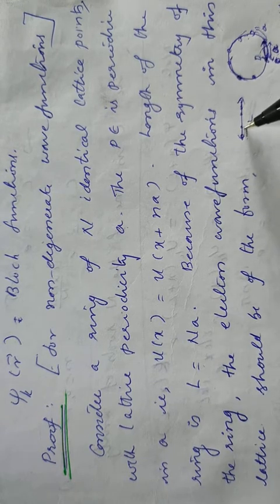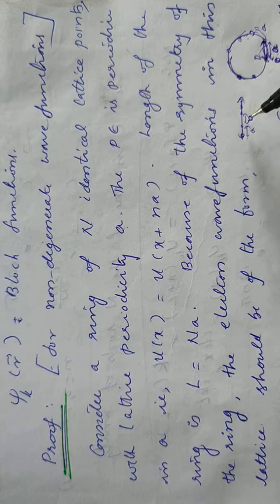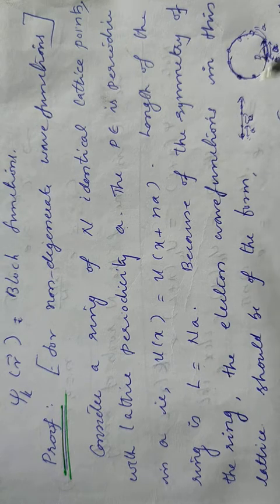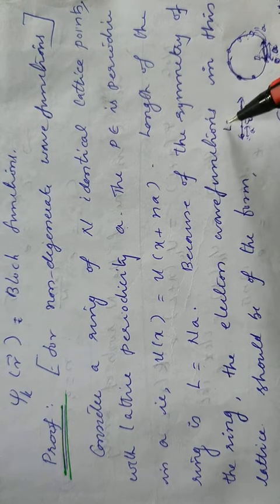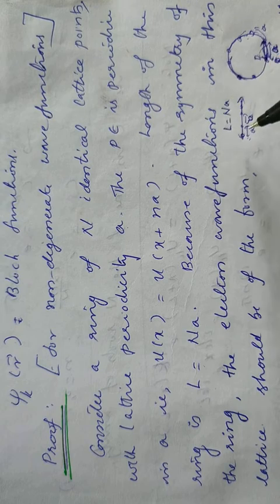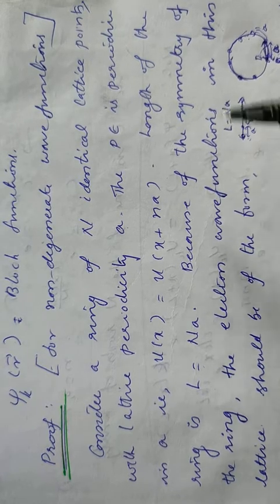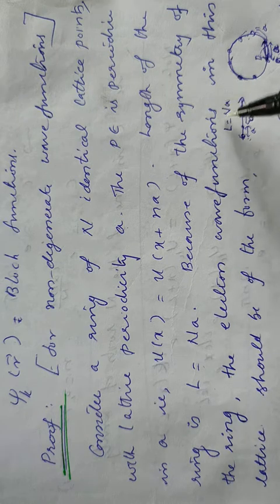The separation between each lattice point is A, so if there are n atoms, the length of the ring will be L equals N into A.